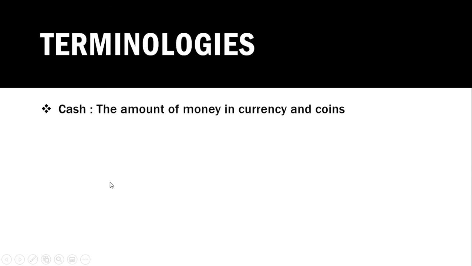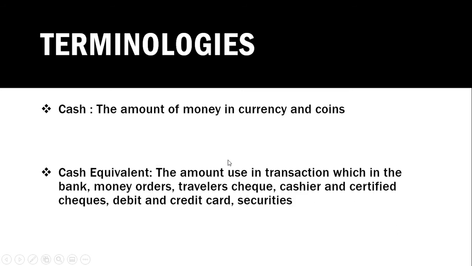So terminologies which are normally used in cash management. Number one is cash, the amount of money in currency or coins. So when you talk about cash, this is actually the amount of money in currencies and coins.